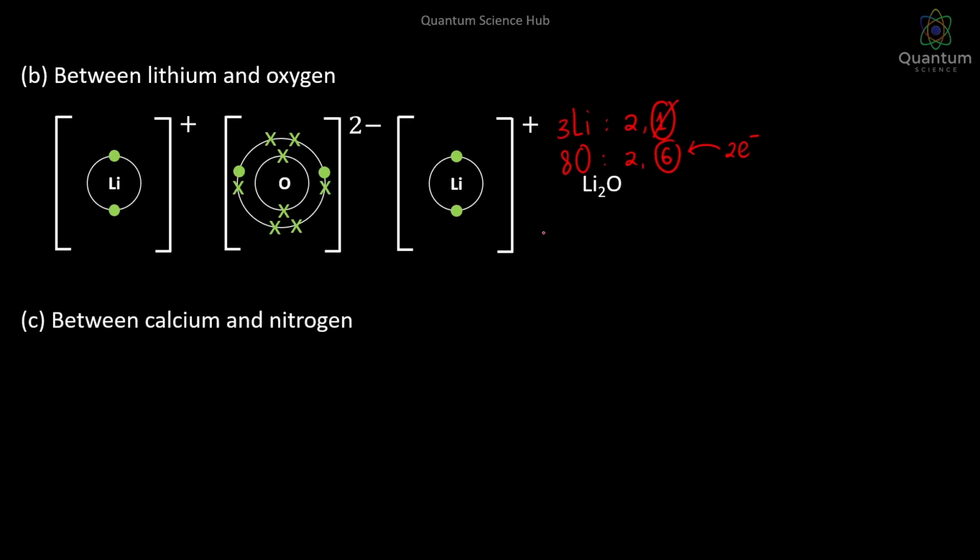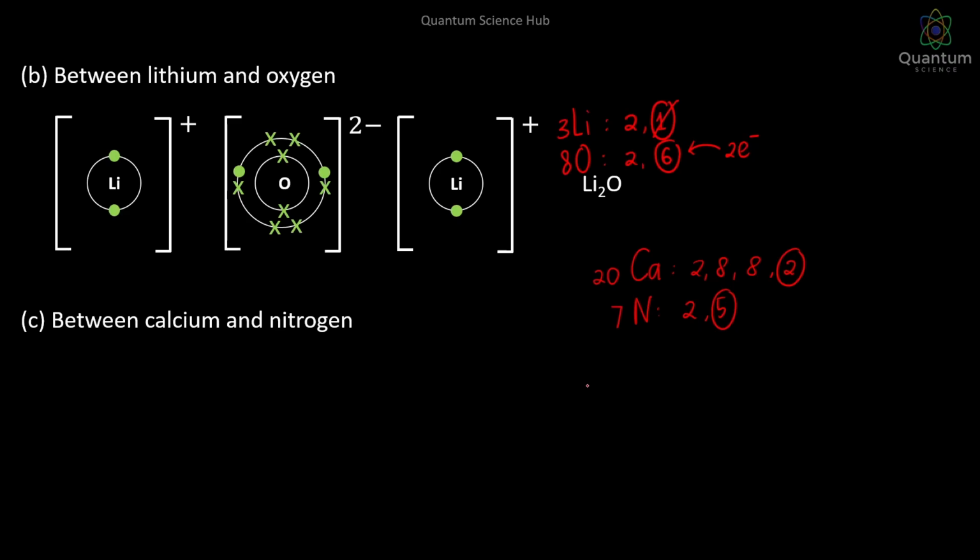Next, between calcium and nitrogen. As we know, the atomic number for calcium is 20. So 20 calcium, the electronic configuration is 2, 8, 8, 2, right? This is the valence electron. And nitrogen is 7. So 2, 5. And this is the valence electron. How do we configure this one?